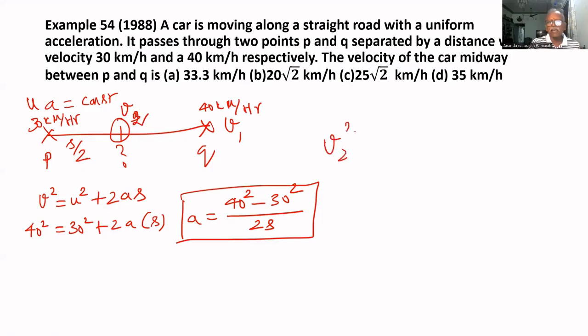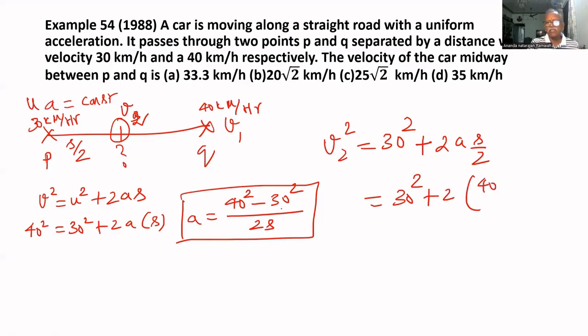So v2 square equals 30 square plus 2a times s by 2. That is equal to 30 square plus 2 times a, where a equals 40 square minus 30 square, which is 700 divided by 2s, equal to 350 divided by s.